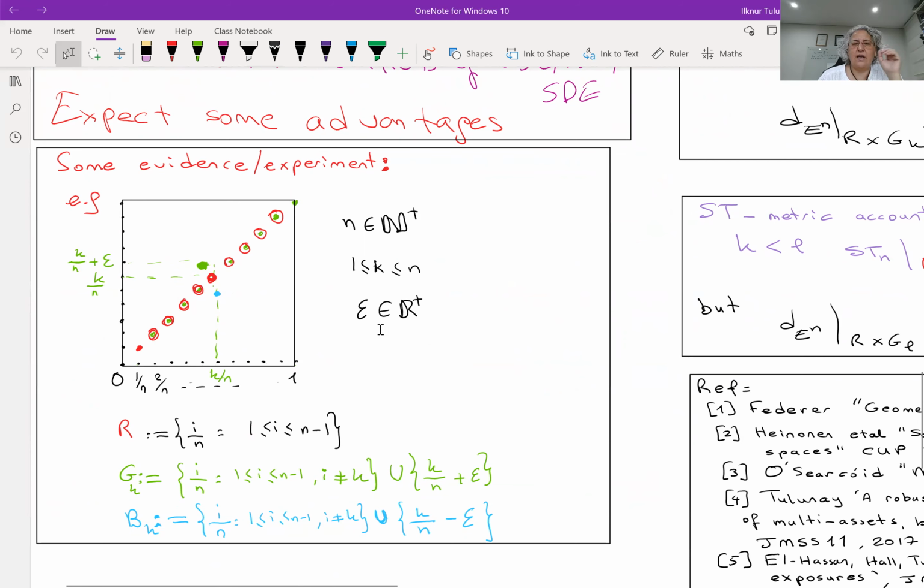Epsilon is a very small positive real number. And for the blue ones, I'm subtracting there. Then I'm going to look at the ST metric on the red discrete line and the green discrete line, and on the red and the blue, and compare what numbers they give.